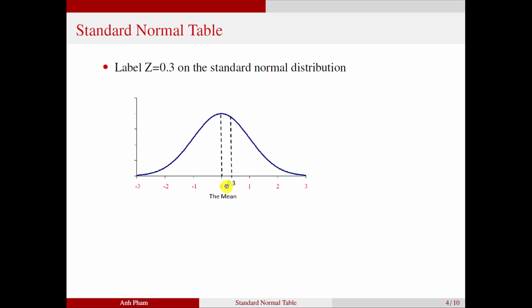A Z-score of 0.3 is greater than 0, so this observation is greater than the mean, or to the right of the mean on the distribution. Therefore, the observation with 0.3 standard deviations above the mean would be to the right of the mean.